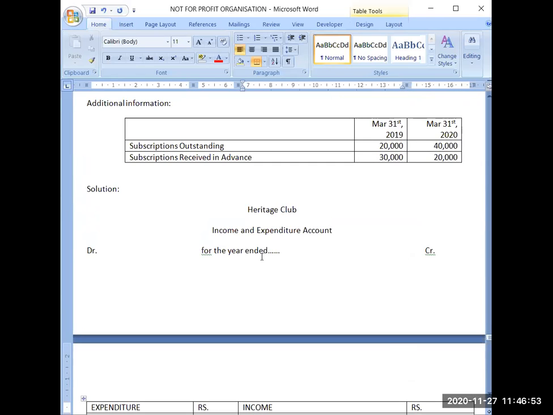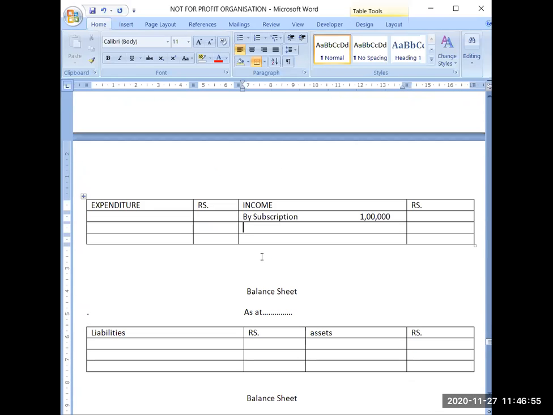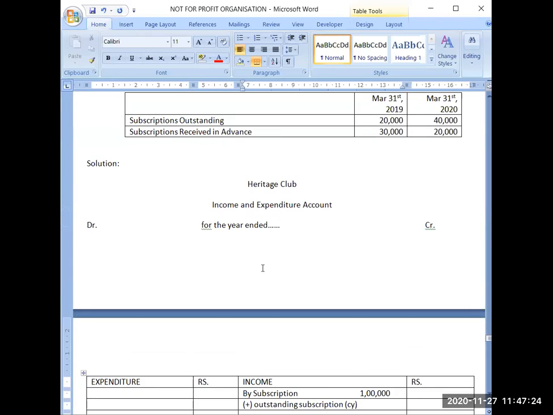Now outstanding subscription for current year is 40,000, that we will add. We will do the adjustment simultaneously. Outstanding subscription current year and it is 40,000.